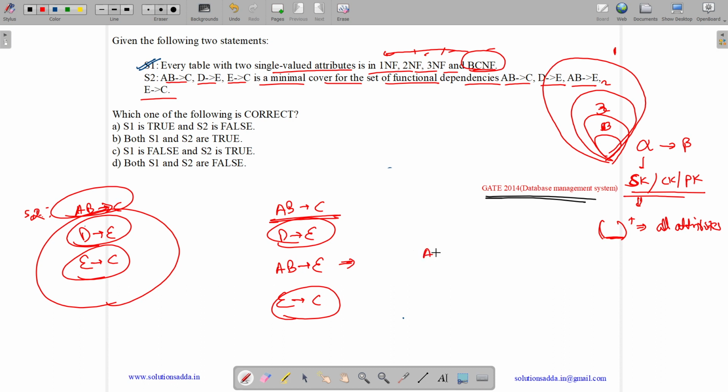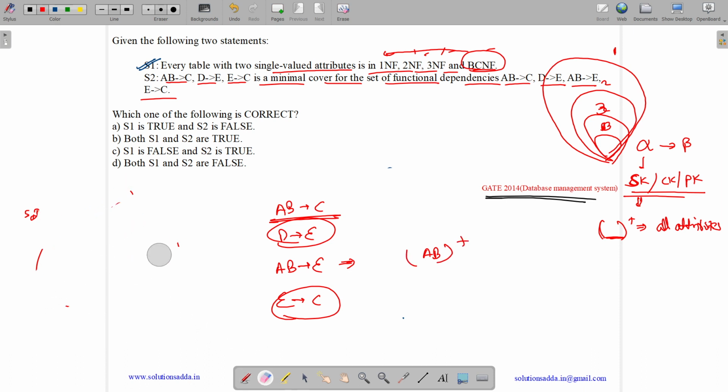So let us find AB closure using the left hand side functional dependencies. So what FD sets can we use? We can use the LHS FD sets: AB determines C, D determines E, E determines C. AB closure has AB, and AB can determine C, so it will have ABC.